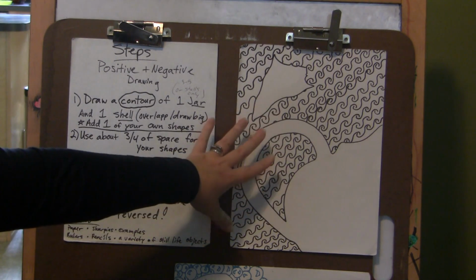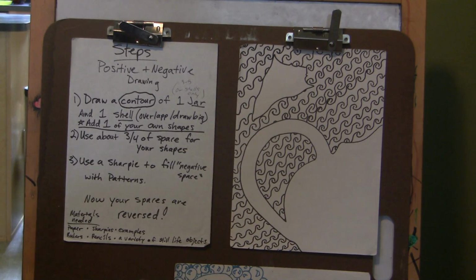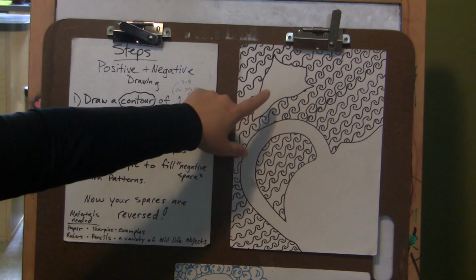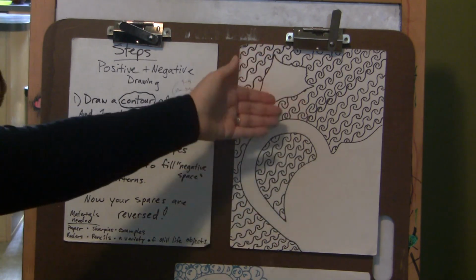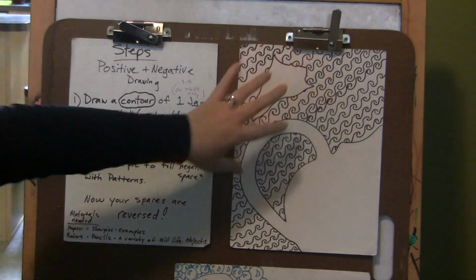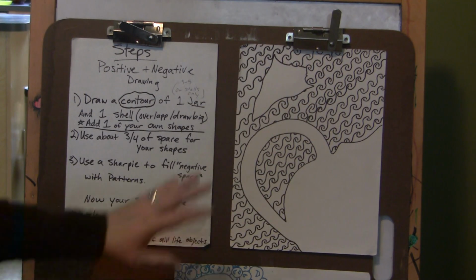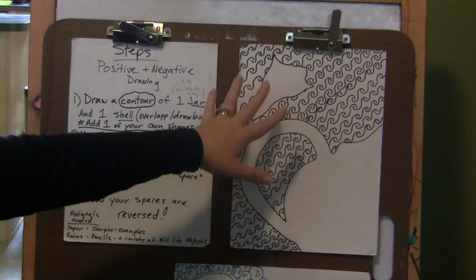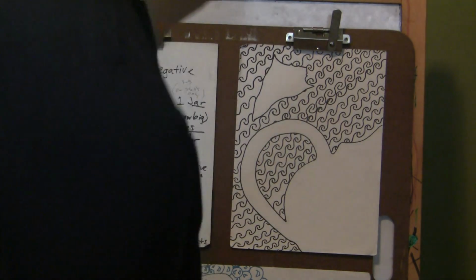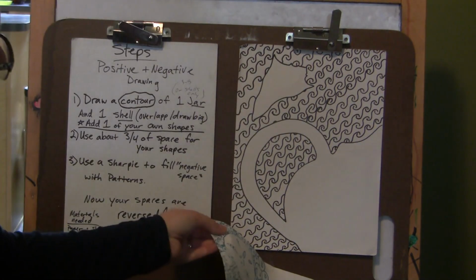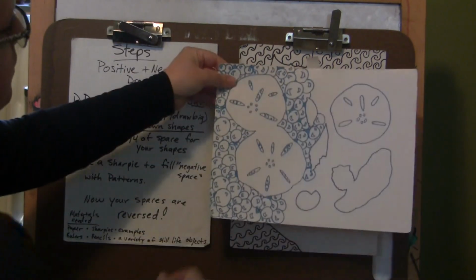Now they didn't show any overlapping, which creates new, interesting, positive shapes, or negative shapes. So you can pick something and overlap it. I'll show you another example here of more complicated ones.